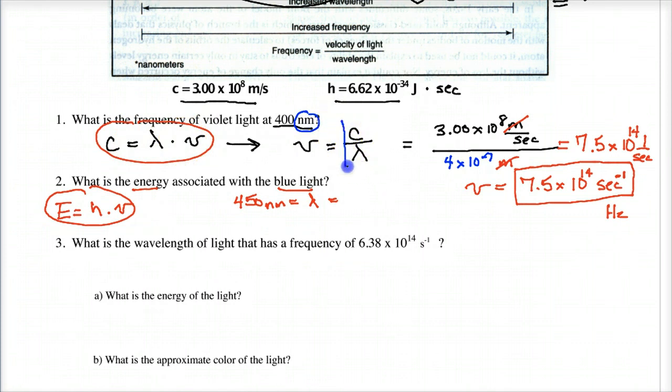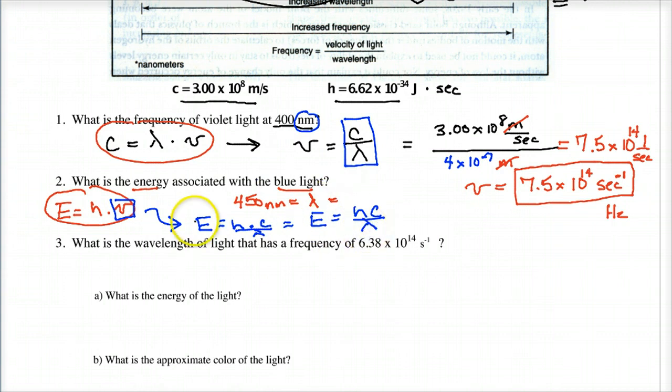So I can just plug this in for frequency right here. My gosh. So E is equal to Planck's constant times C over lambda. Let me just rewrite that because I know you can't see it. So energy is equal to hc, Planck's constant, times speed of light over the wavelength, lambda. And now I don't have to do a two-step problem.